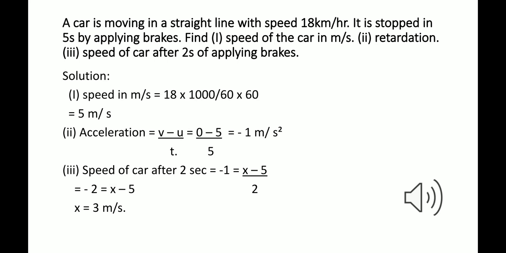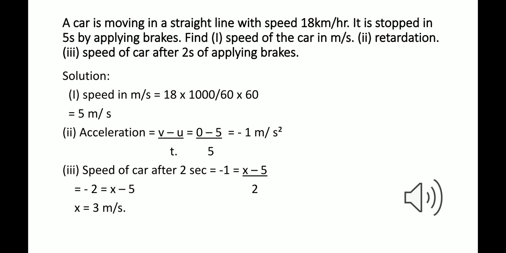Second part, acceleration. That means we have to calculate retardation, negative acceleration. Acceleration is equal to final velocity minus initial velocity upon time. We have studied right now. What is the final velocity? The body is coming to rest, so final velocity is 0.